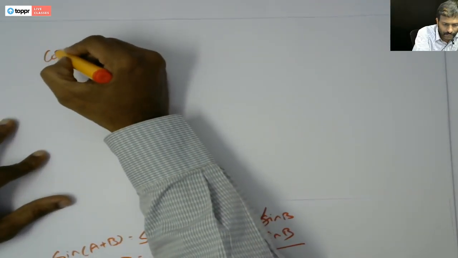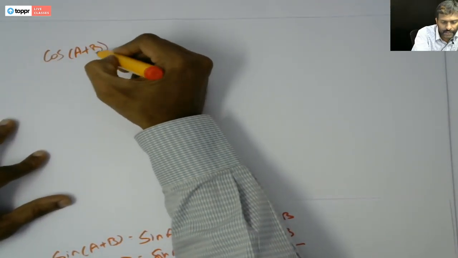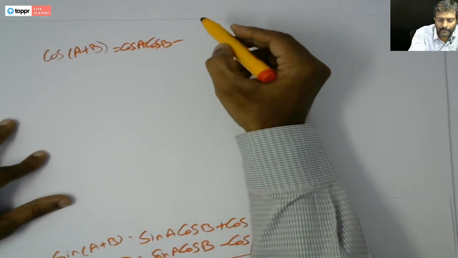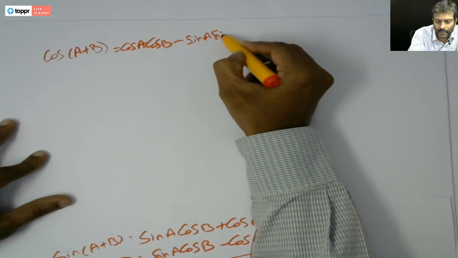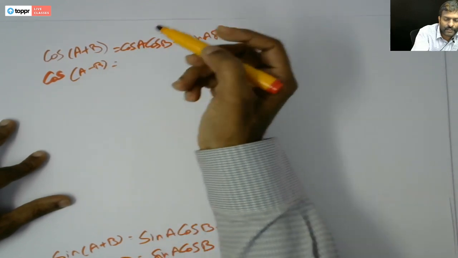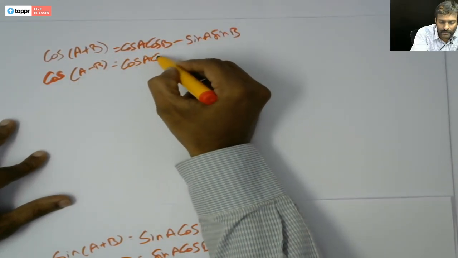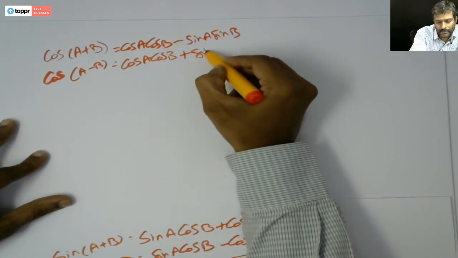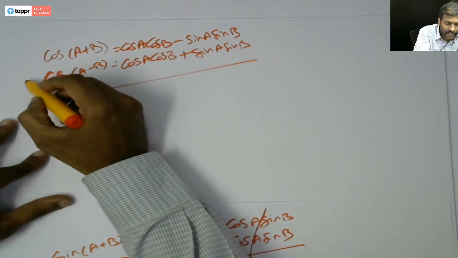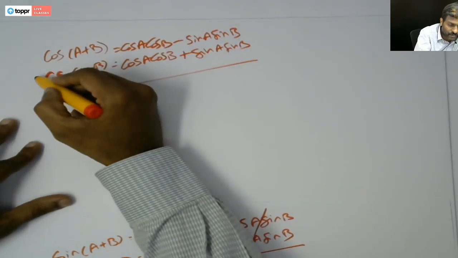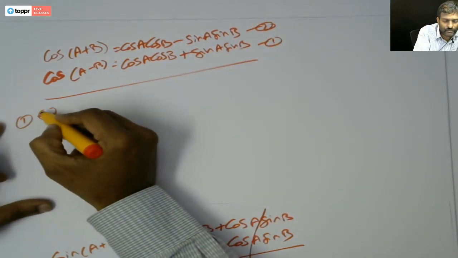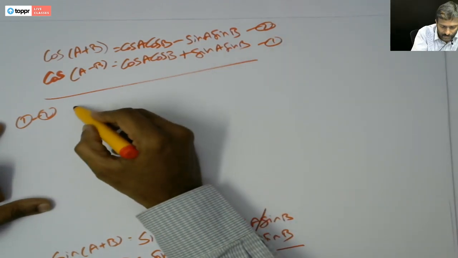If I write it here, cos A plus B is cos A cos B minus sin A sin B, and cos A minus B is cos A cos B plus sin A sin B. Now I would have written this one on the top, so this is equation 1 and this is equation 2, so I'm doing 1 minus 2 so that I don't get any negative values. So what will I get?